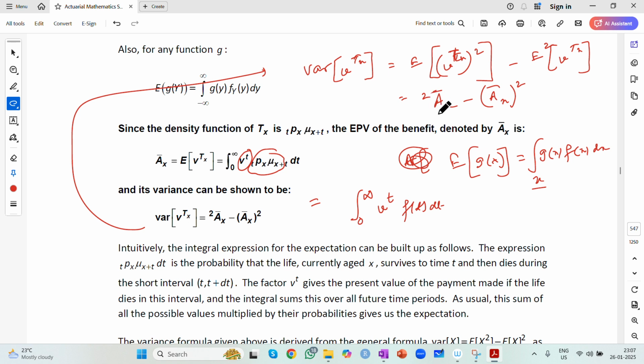We already discussed that this part is calculated at the rate i dash, and this part is calculated at the rate i. And we already saw in the last class that i dash is equal to i squared plus 2i.